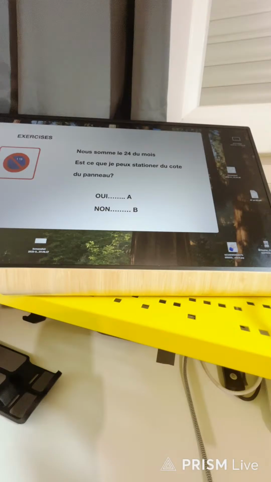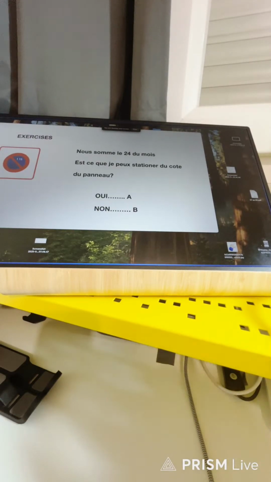Okay, we can stop between the 1st to the 15th. But the date that they give us is what? No, in the question, which date did they give us? Because we are on the 24th. Okay, that's why we cannot. It's already passed, so we cannot stop there.